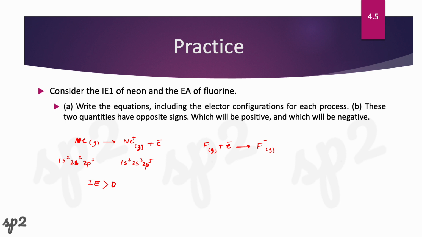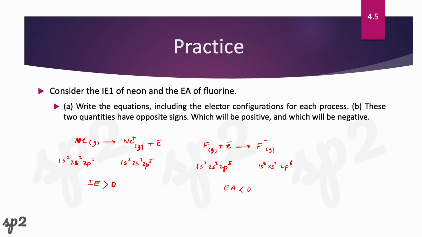Now for fluorine, you start from 1s2, 2s2, and then 2p5. Then you add an electron to that, and you make a noble gas configuration, which is quite stable. Because you're making a more stabilized product, we're going to have a release of energy. So your electron affinity here must be a negative value.